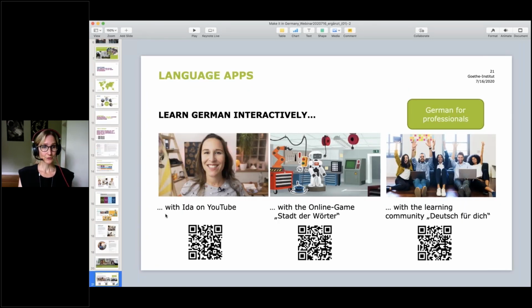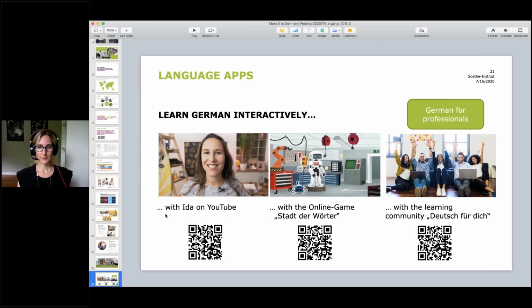I would also give you a short list of learning apps that always help, in addition to a German class, to brush up your German or to do extra exercises. We have a whole range of different learning apps, and I only picked a couple here.